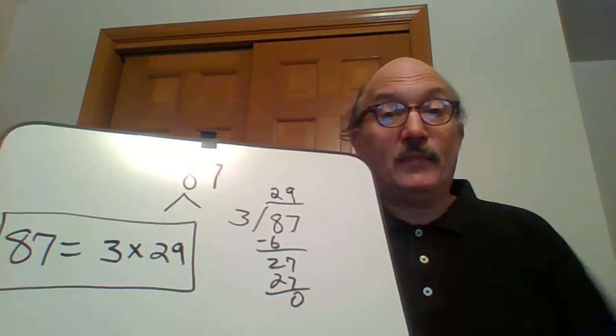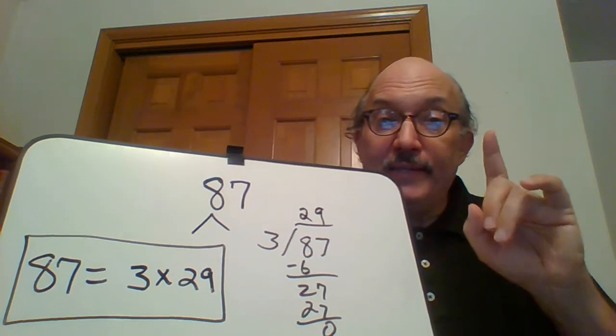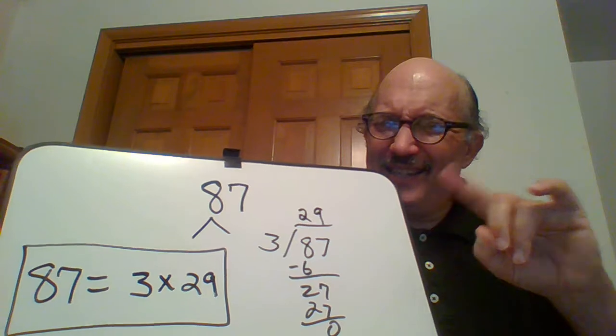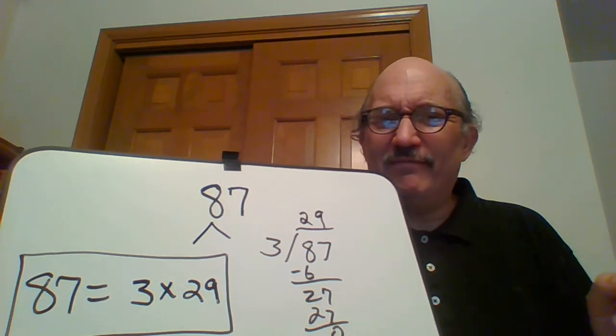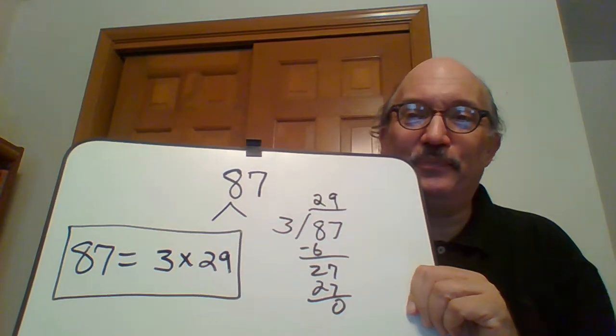89 is prime. So it really is an issue. It's a big question: is a number prime or not? That's something that I might get a chance to come back to.